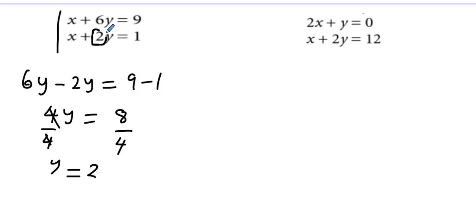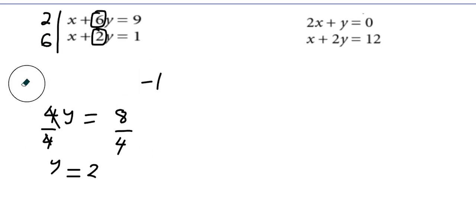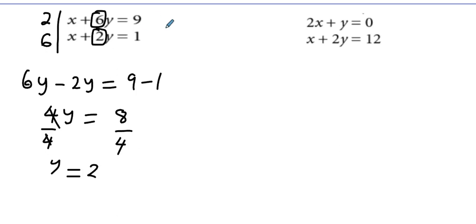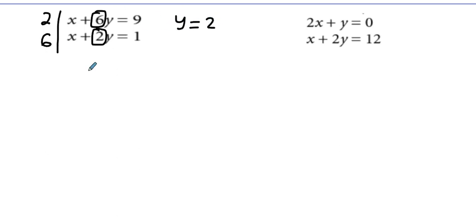This 2 here multiplies here, and this 6 here multiplies down over here. See that? Okay, what do we get? Remember we got y equals 2. Let me check. Yes, we got y equals 2. So we can do that.